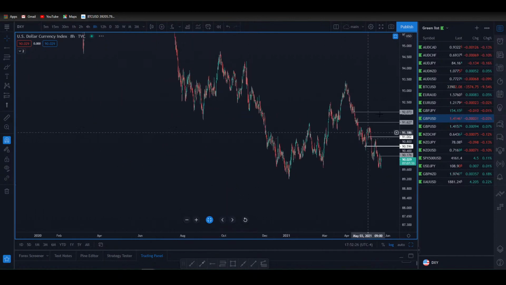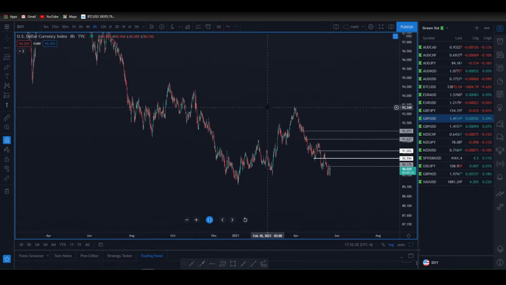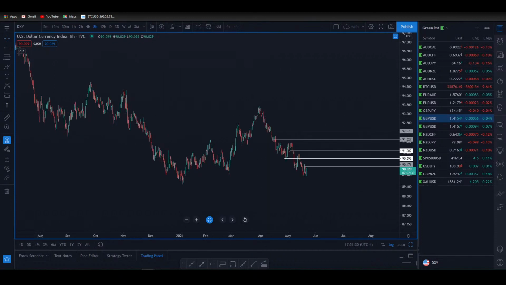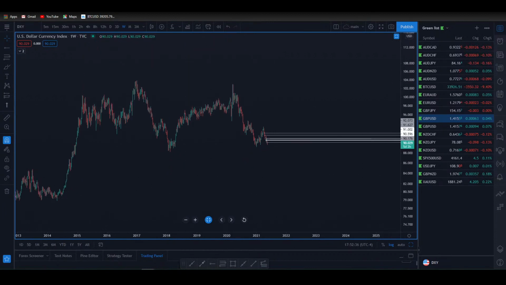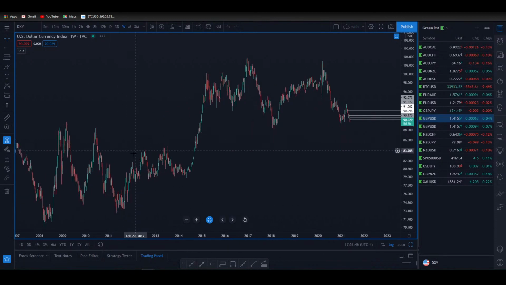I don't see the channel that it's breaking out of. What did you say again? If you look at the weekly chart, we are on an ascending channel since 2011. So all the way down here. Okay, so I got you.